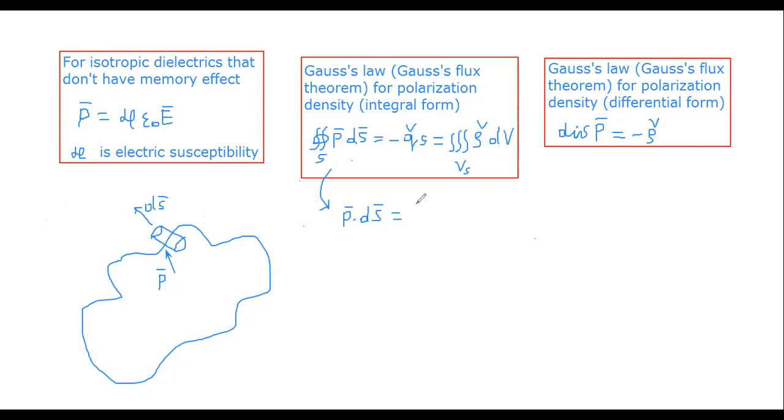So it is equal to Pn dS. Pn is a projection of polarization density vector on the normal direction on the surface of dielectric.